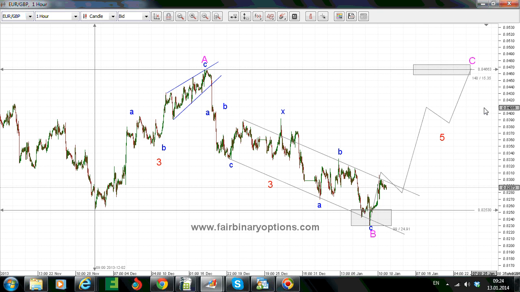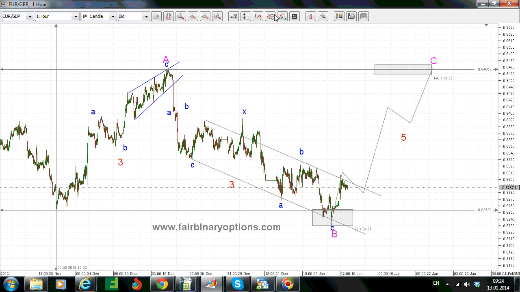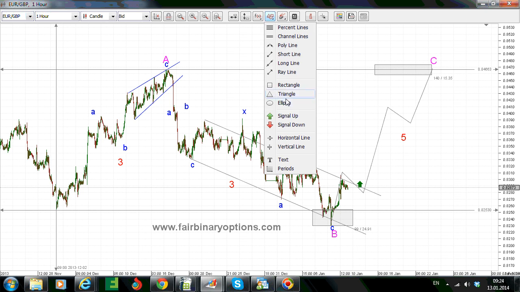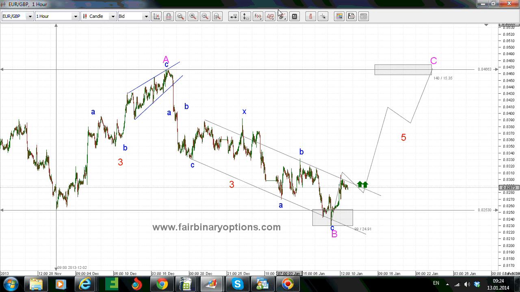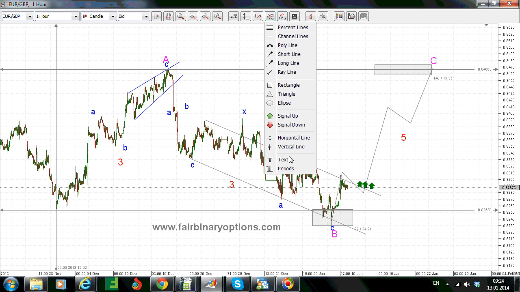So as a conclusion, or as a recommendation that we have here on fairbinaryoptions.com, we would like to buy call options on the Euro, Great Britain pound, with the expiration date being end of week.